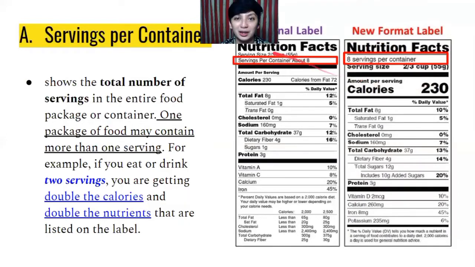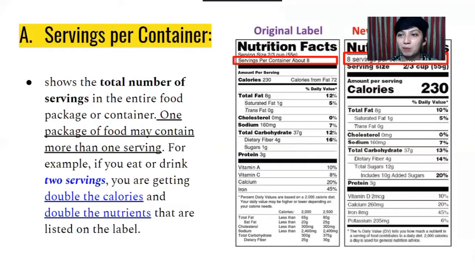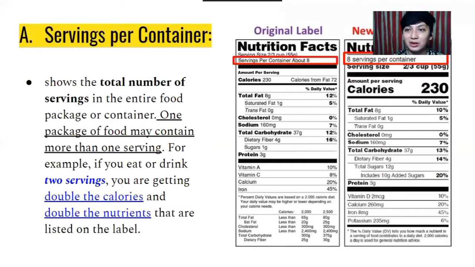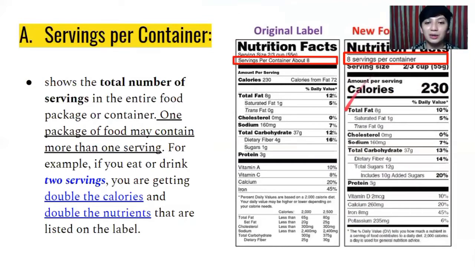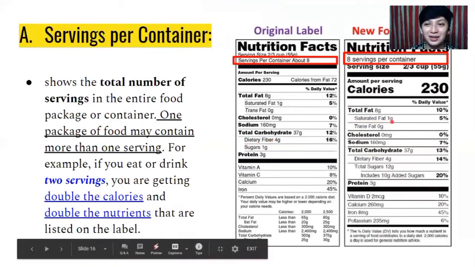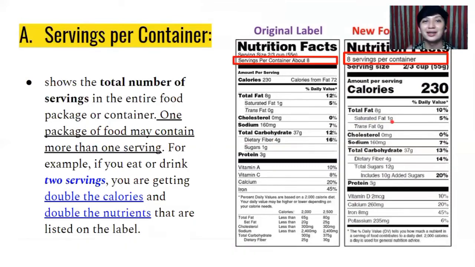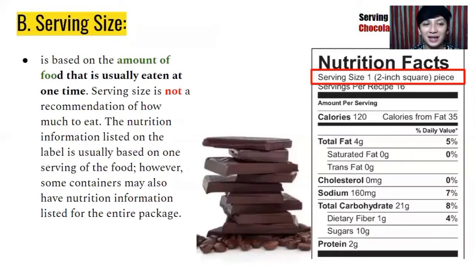That's very important for you to understand because as you can see here, it's stated 2 servings, meaning you are getting double the calories and double the nutrients. So when you get 8 servings per container, you're getting the same servings that you take in. Am I clear?